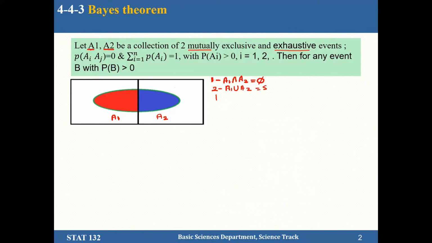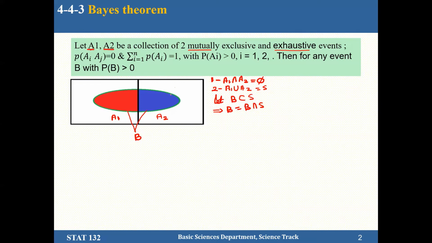Now let's say B is any event in S, a subset of S. This means B equals B intersection S. S is our sample space, so this circle is S, and B is a subset of S, inside S.